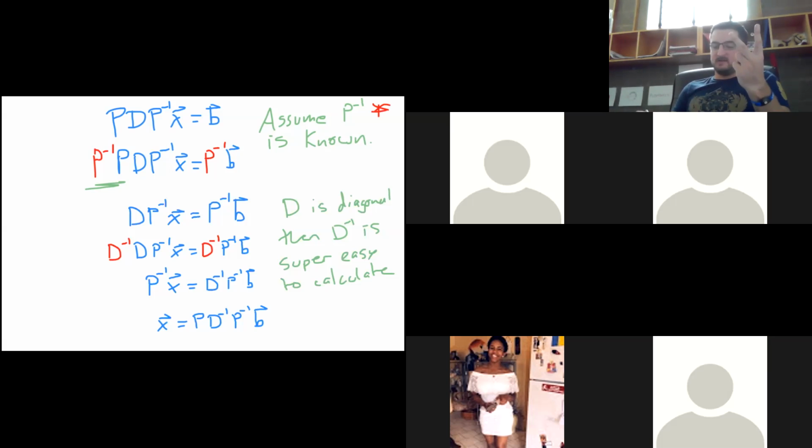There's two things I want to kind of harp on. And the first thing is showing that for that diagonal matrix, the inverse is very, very simple to calculate.